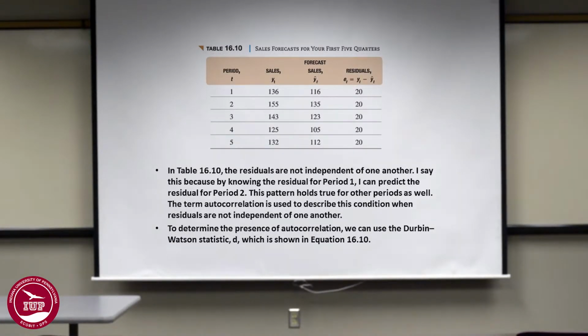In table 16.10, the residuals are not independent of one another. I say this because by knowing the residual for period 1, I can predict the residual for period 2. This pattern holds true for other periods as well.